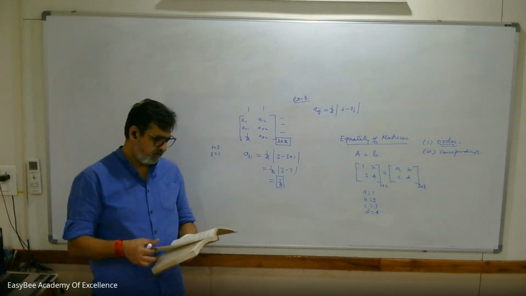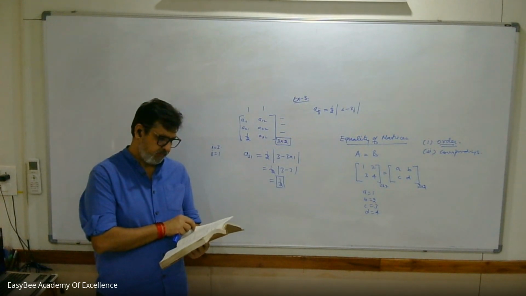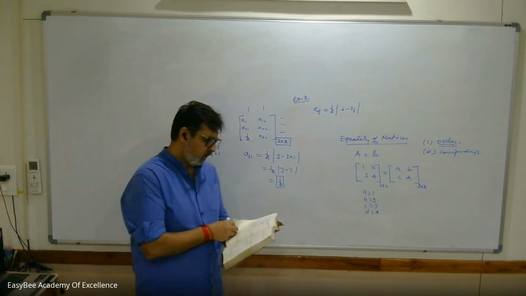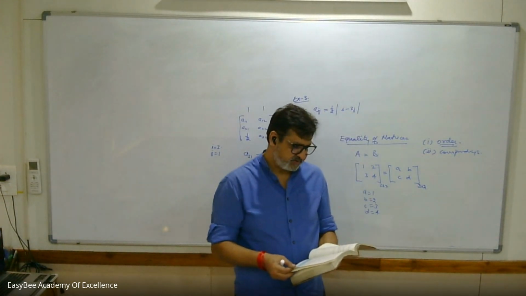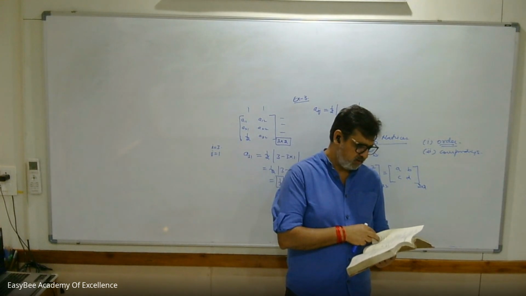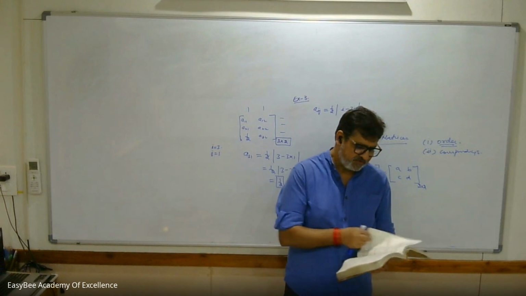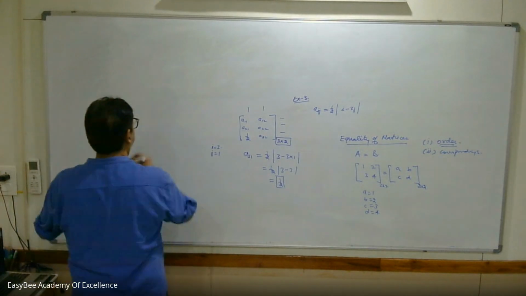Now we talk about the types of matrices. You can do example 4 and 5 now, and I'm just discussing the various types of matrices. Thereafter, you will be capable of doing the exercise 3.1. Okay. So, what are the different types of matrices? The first type of matrices is a column matrix.